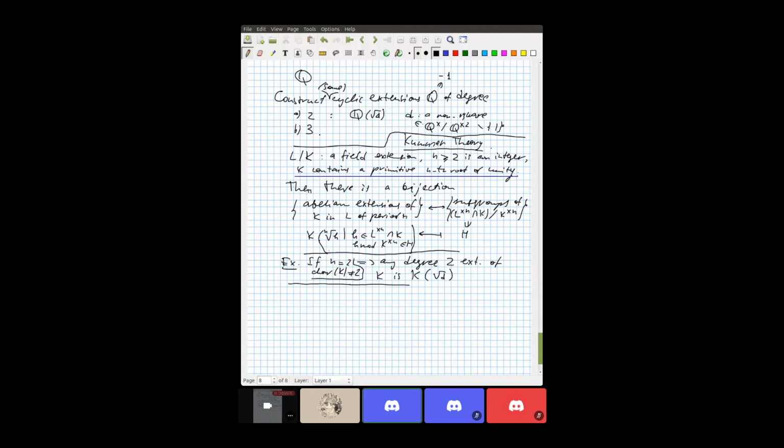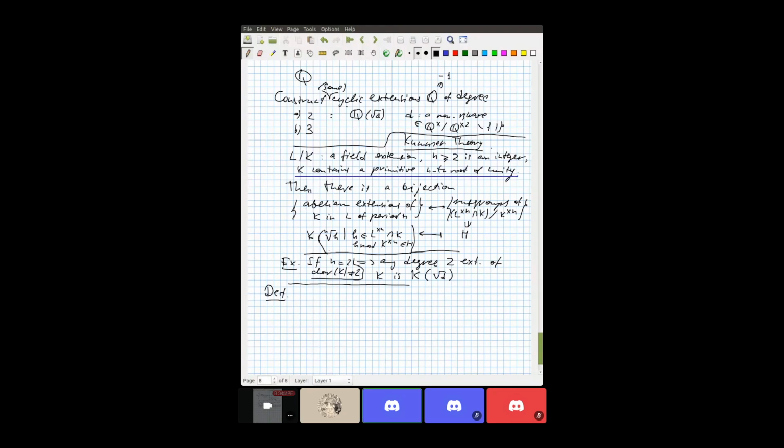Well, can you construct at least some? Could you remind us what a cyclic extension means? The word is an adjective: cyclic or abelian.